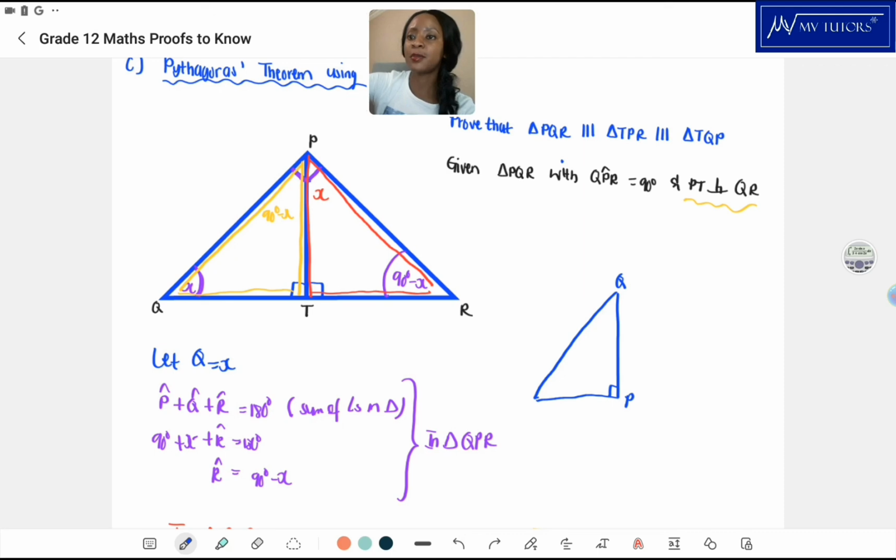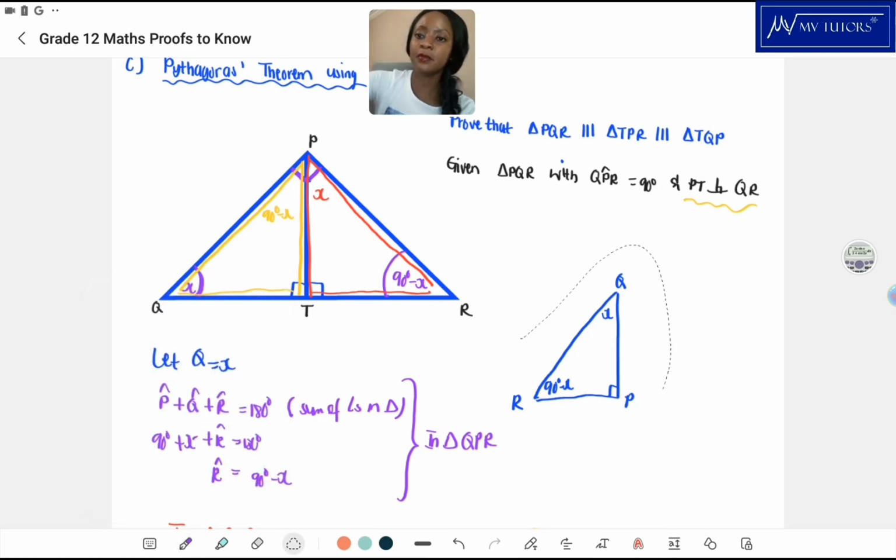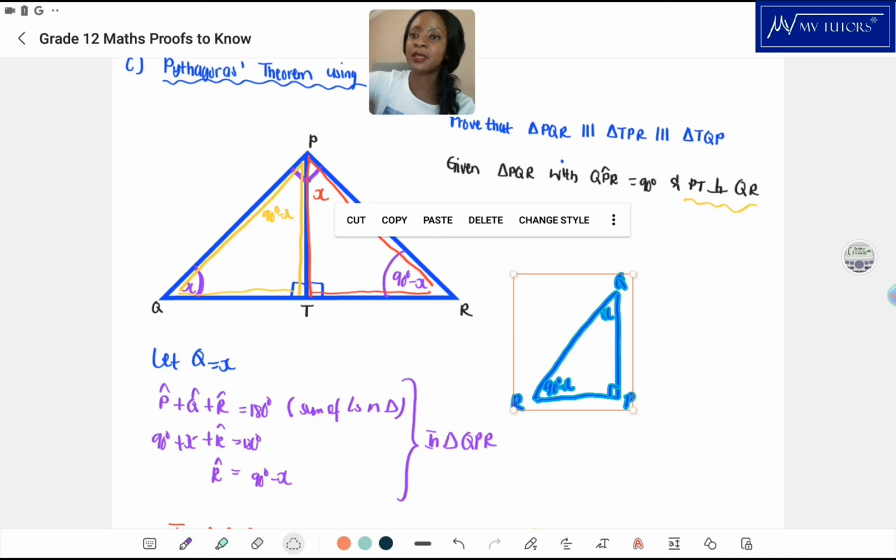So it's P as the right angle, and I have Q up there, so I have R. I know that R is 90 minus X because Q is X. Then I have the smaller one. This should have been purple because the bigger triangle is purple.